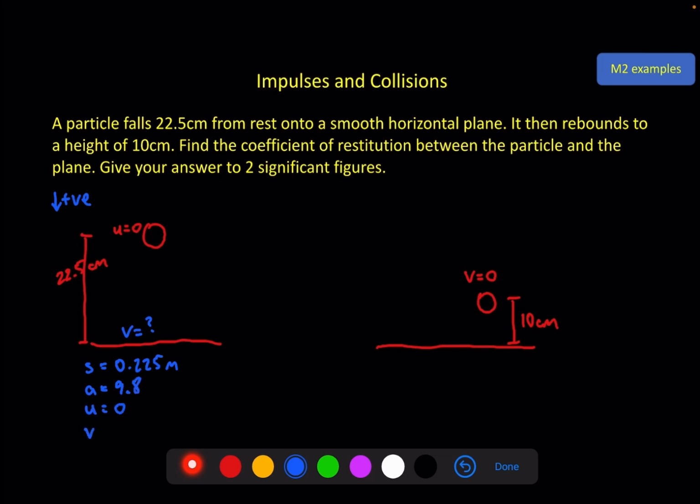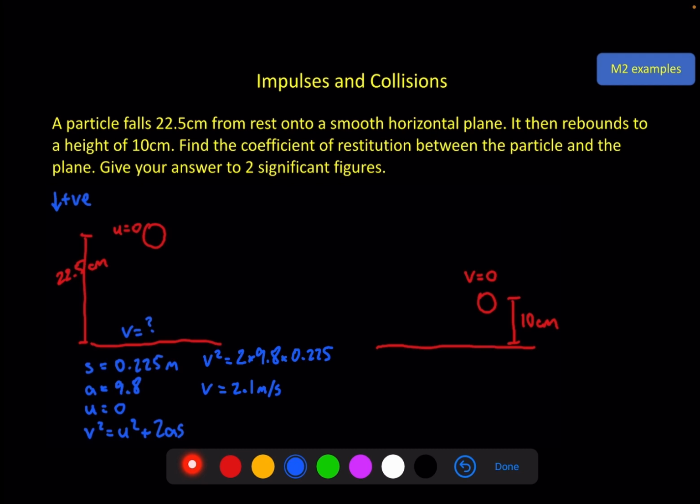We want v, so the formula is v squared equals u squared plus 2as. Putting in the numbers gives v squared is equal to 0 squared plus 2 times 9.8 times 0.225. And that gives us a final answer for v of 2.1.